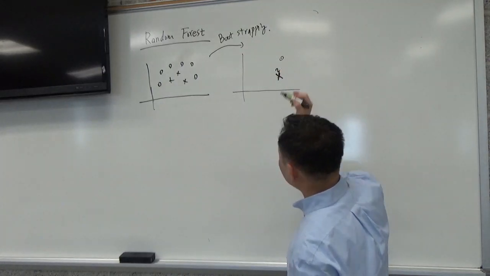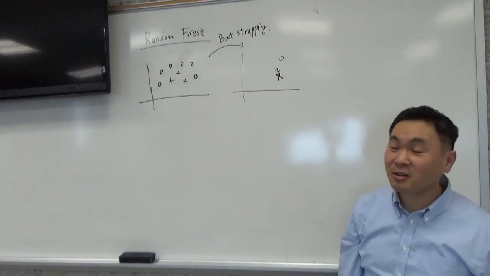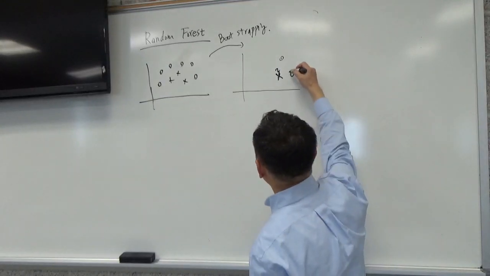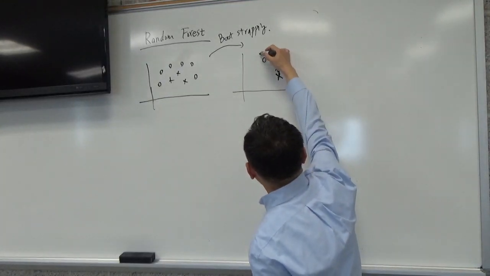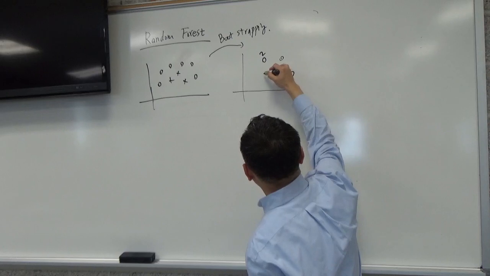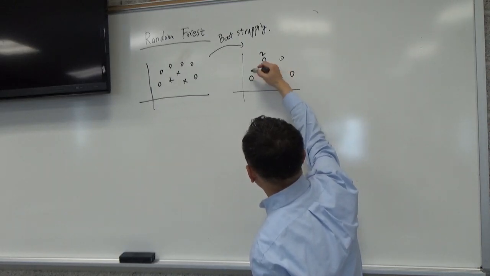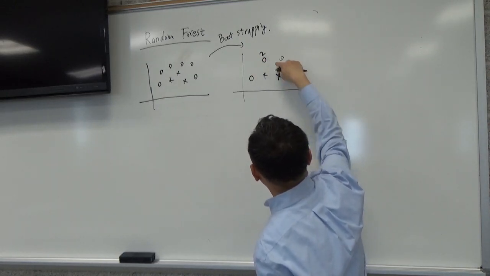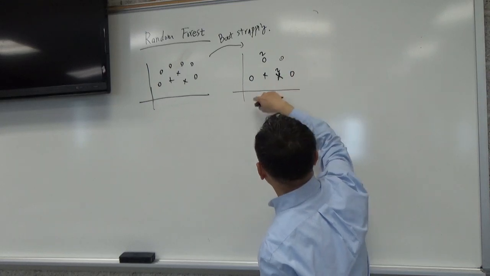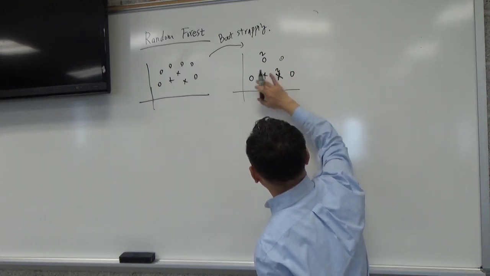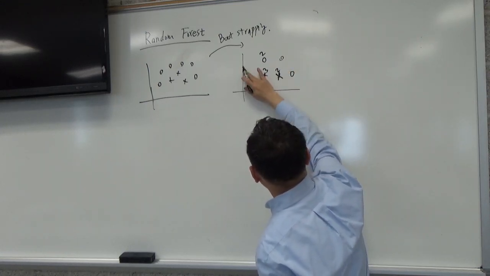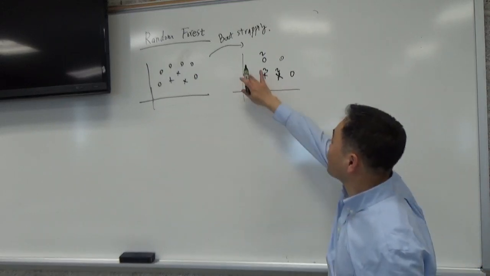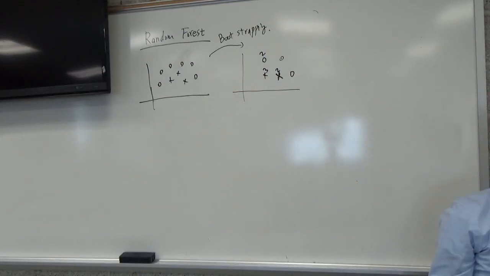So this might be chosen twice, right? And this one could be chosen twice, and this one could be chosen, let's just say, 3 times, whatever. Okay. Something like this. So you do this, all right?